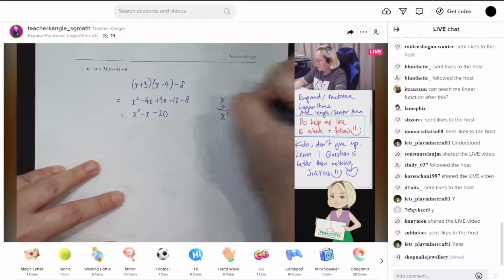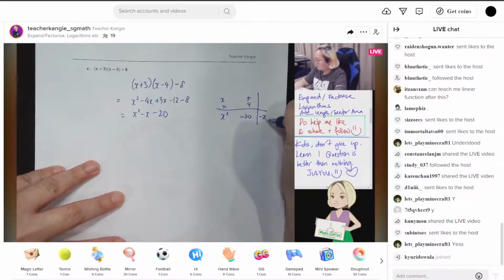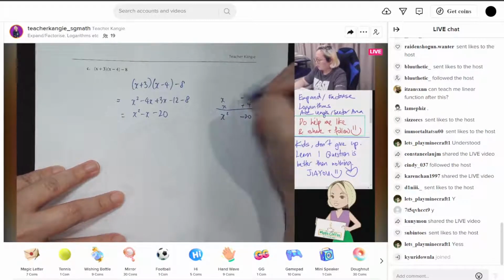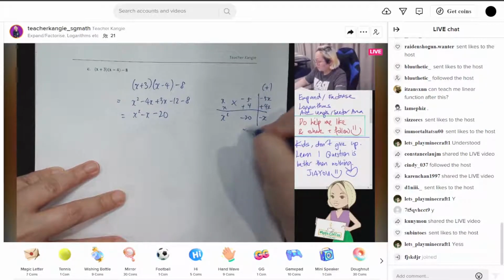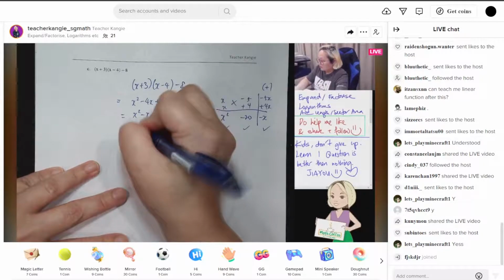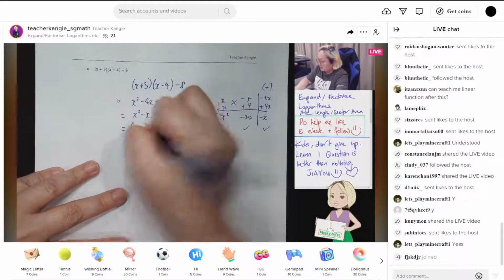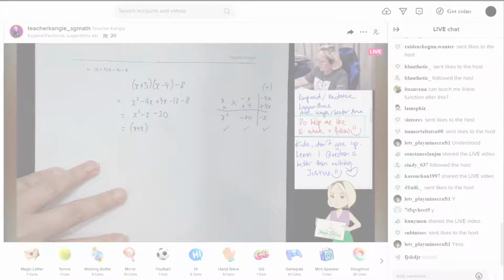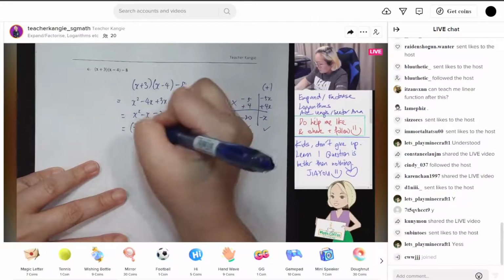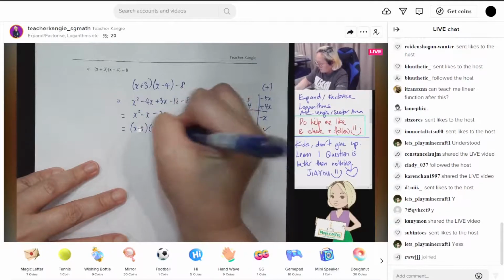This is just x, 5 and 4. And 1 minus, this one minus, this is plus. So this is plus 4x and this is minus 5x. Check, check, and check. So this is x plus 4 and x minus 5. Done.